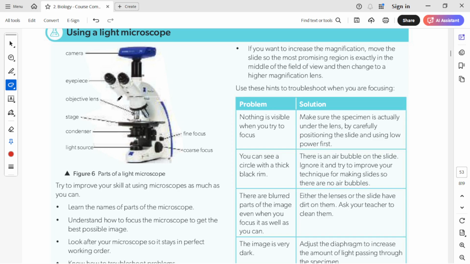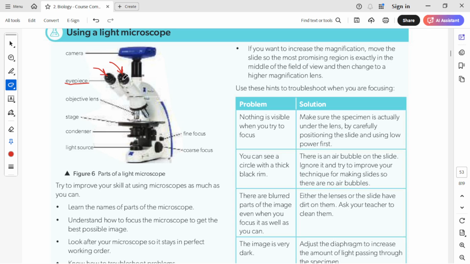So let's understand a light microscope here. This is a normal light microscope. Just like I told you, there will be two lenses used here. The first one is the eyepiece. From here you are going to see, you'll put your two eyes over here.